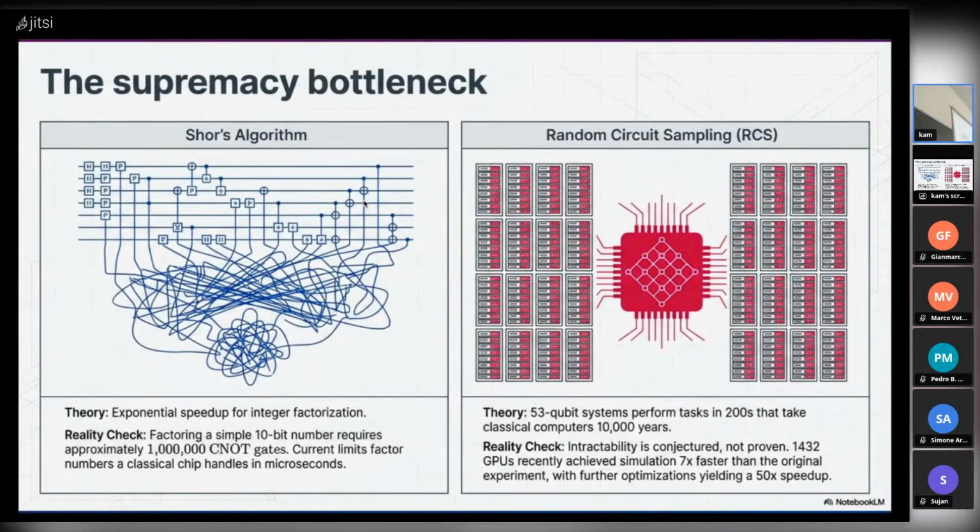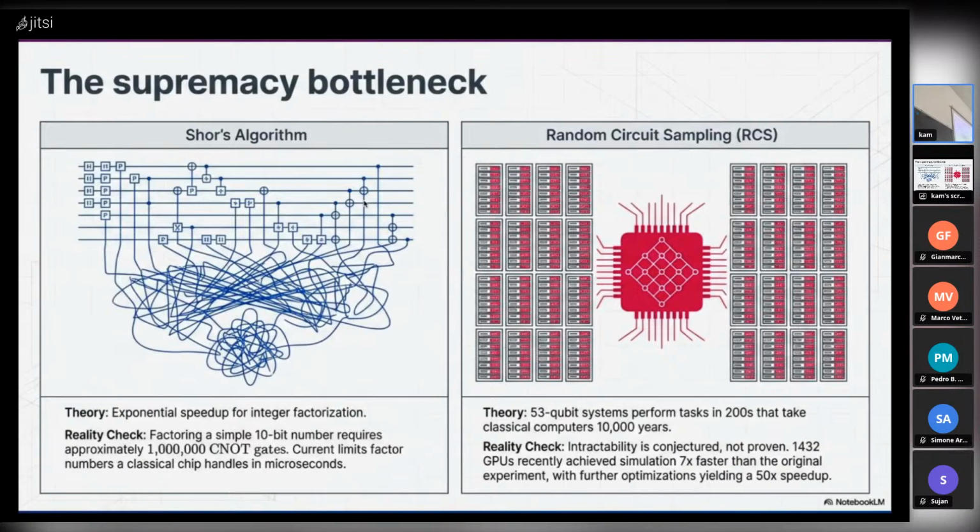But if you really look into how to build the quantum circuit for this algorithm, even for a 10-bit number, which is a very small number, might be 21, in binary bits, you need 1 million gates. That's why IBM can only factorize 15, and maybe 21, but not other numbers currently. It's hopeless.